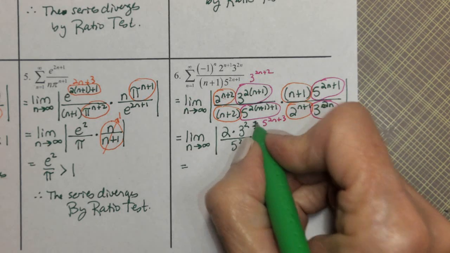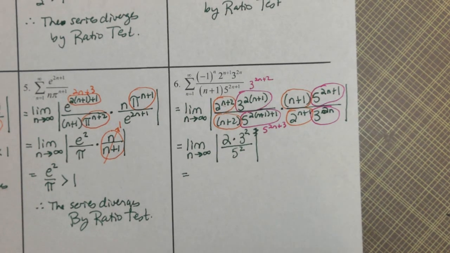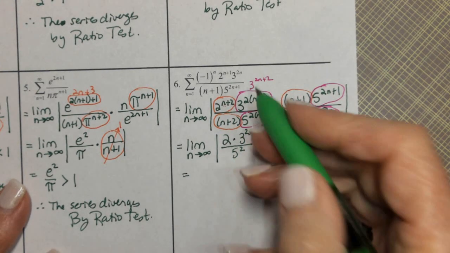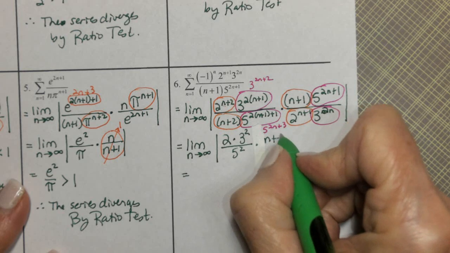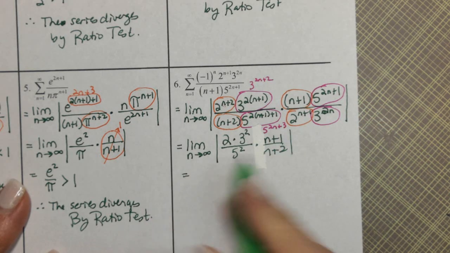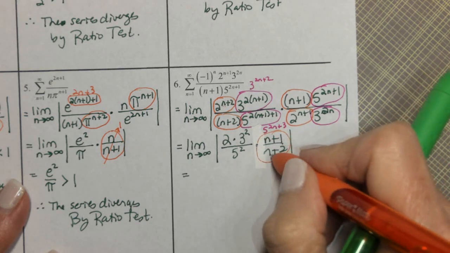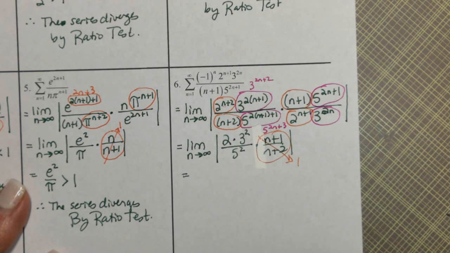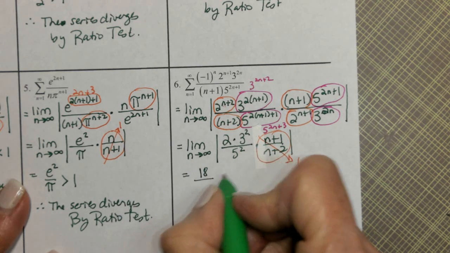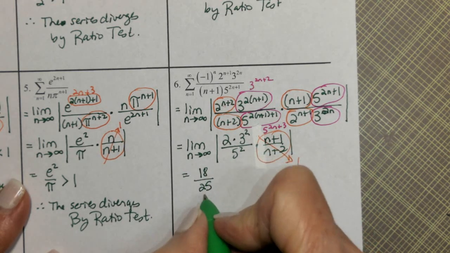Let me get rid of that. Let me write my n's: n plus 1 over n plus 2. Those are going to go to 1 as n goes to infinity. So I'm left with 2 times 9, which is 18, divided by 25.